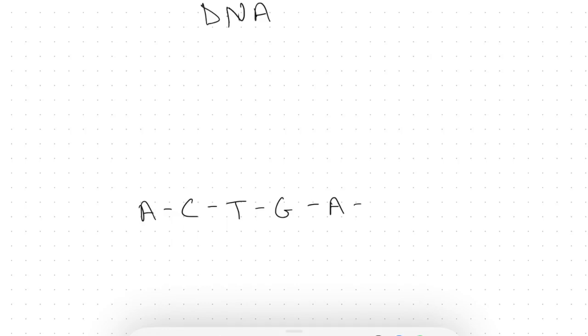It's a very, very long molecule that consists of many, many little subunits that are attached together. Those subunits, if you want to know, their names are adenine, cytosine, thymine, and guanine, but we can just call them ACTG. They can be in any order.